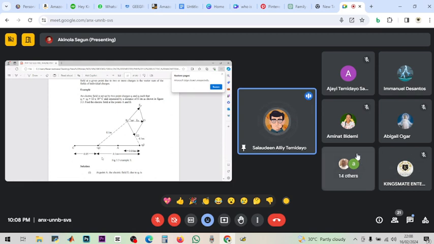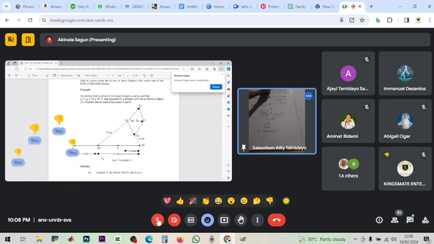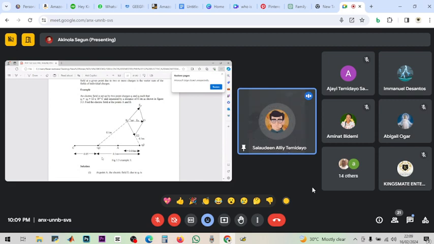I said E1 to calculate the electric field intensity for Q1 first at point A. So that's going to be E1. Using the formula for electric field intensity, Q over 4 pi epsilon naught r squared.